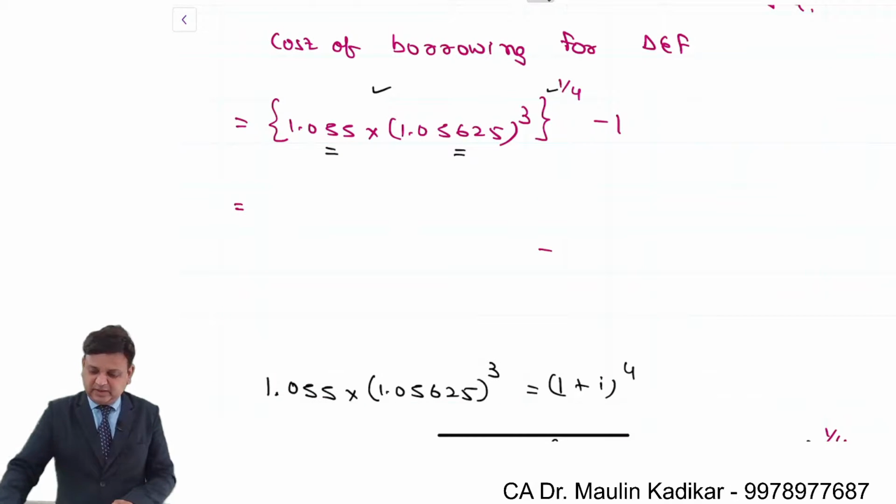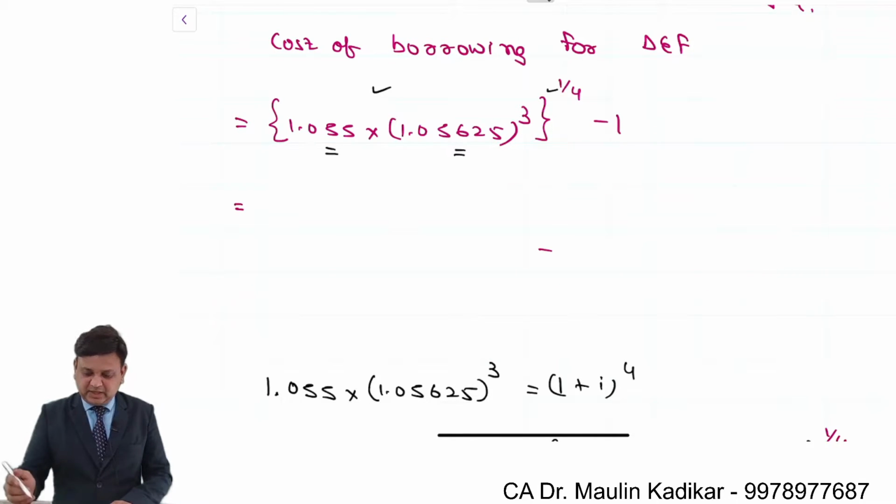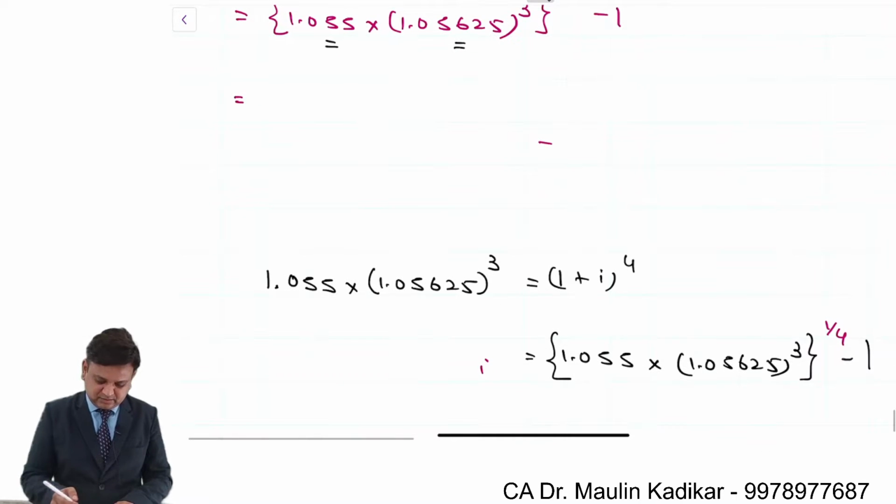So over here 1.055 into 1.05625 raised to 3, under root for 2 times.